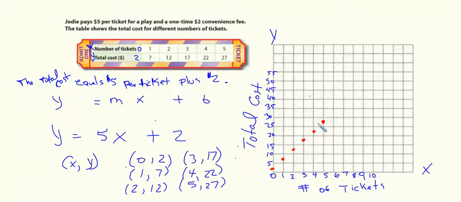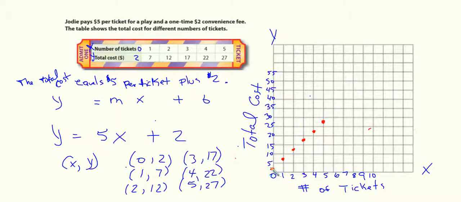And you can also see that if you analyze the points, let me get a different color to do that. All right, we can still analyze our values and compare the change in each quantity.